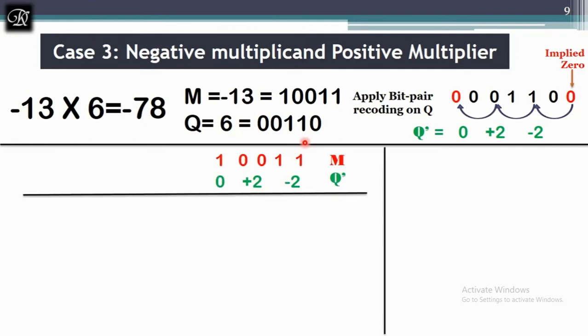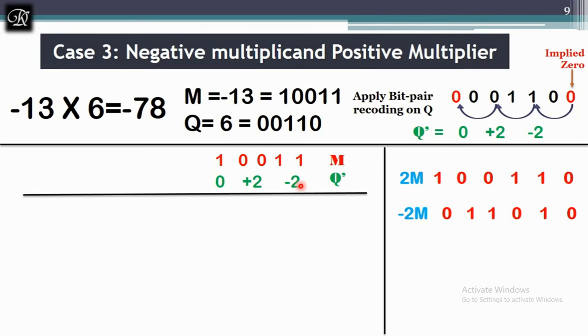As before, first your job is to write down 2m and negative 2m. It will be good. Otherwise, you will take a lot of time to complete the task. So what you have to do here is, first you multiply negative 13 with negative 2. What is the answer when you multiply negative 13 with negative 2? It is of course positive 26.